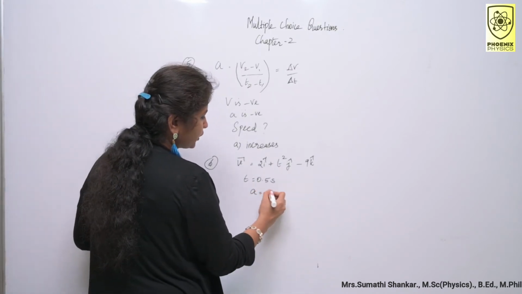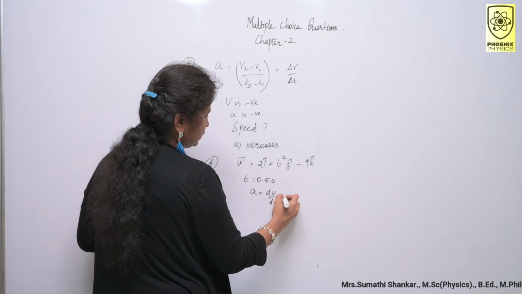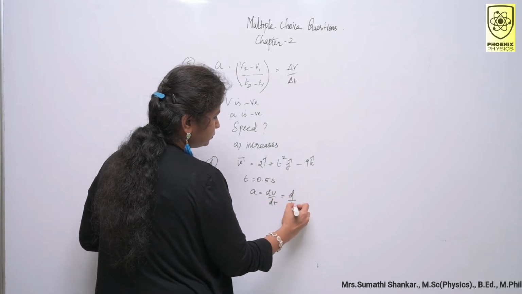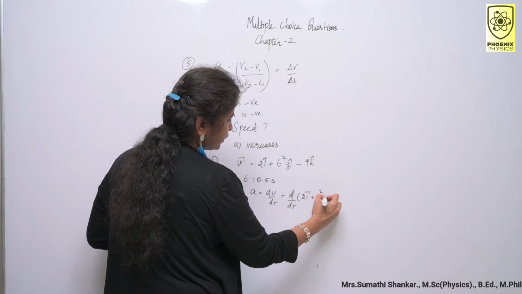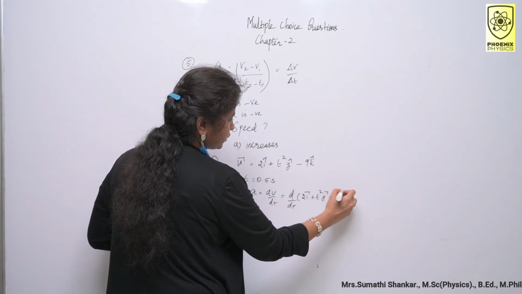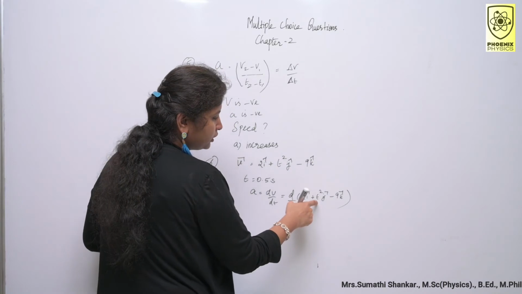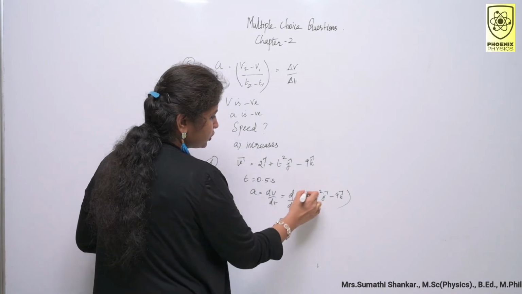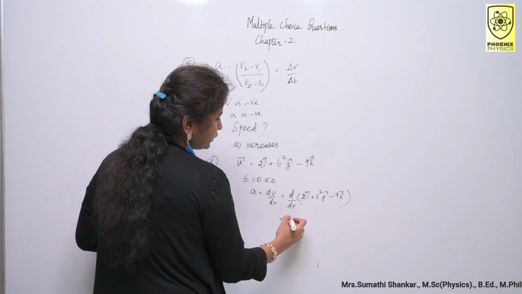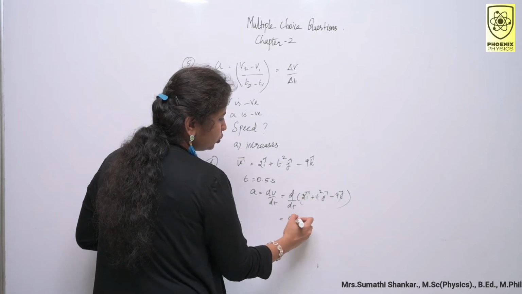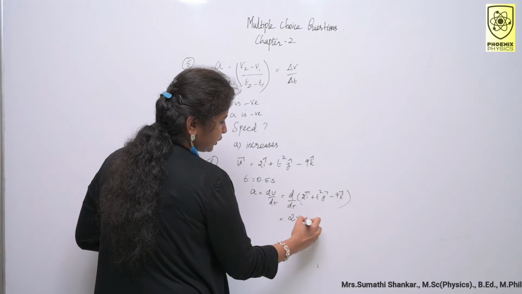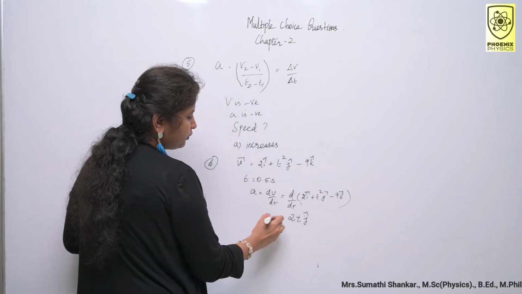How do you find acceleration? a is dv by dt, that is d by dt of 2i vector plus t square j vector minus 9k vector. Here I have the t square value, so just differentiate this one. d by dt of t square j is 2t j vector. This is my a vector.